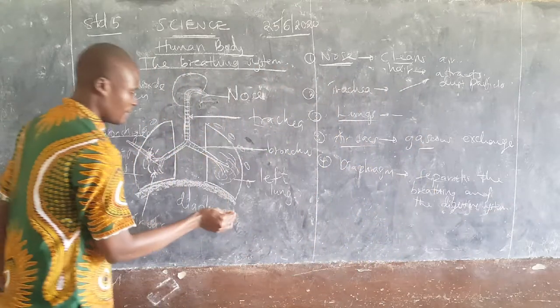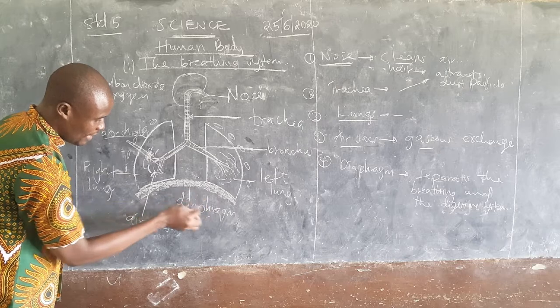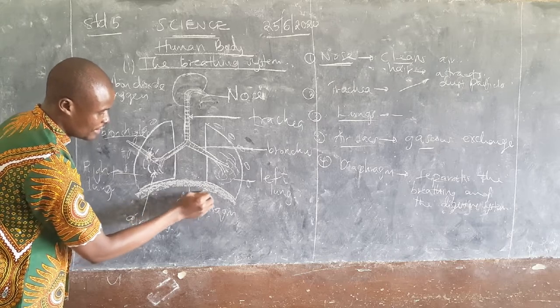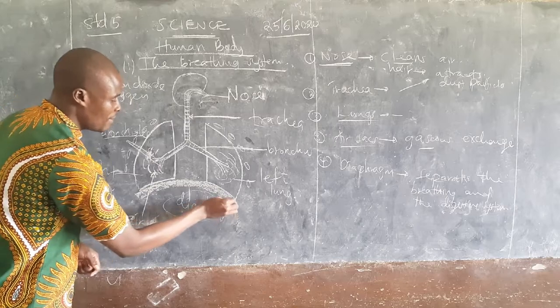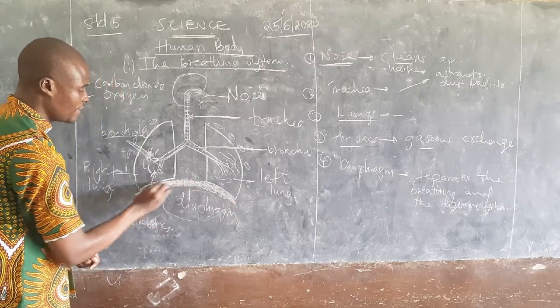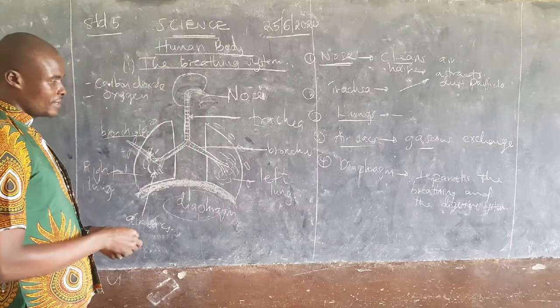Just down under it, we now have the digestive system that comes after it. So it's just a membrane that divides and separates the upper part and the lower part.